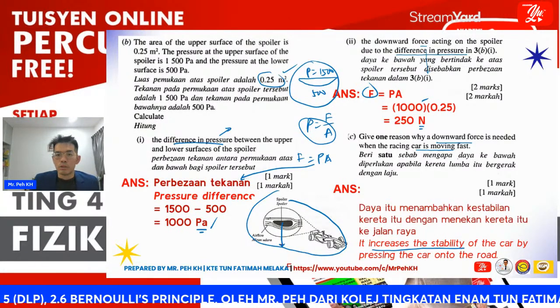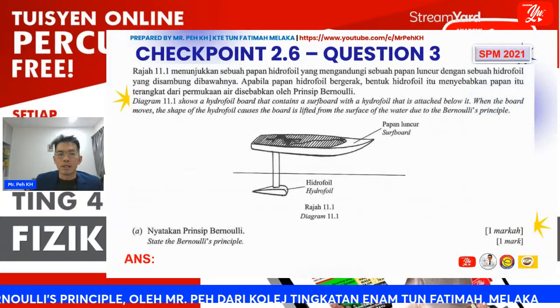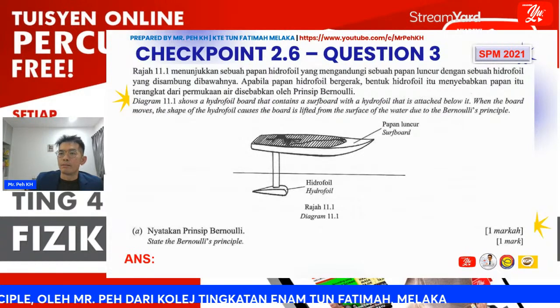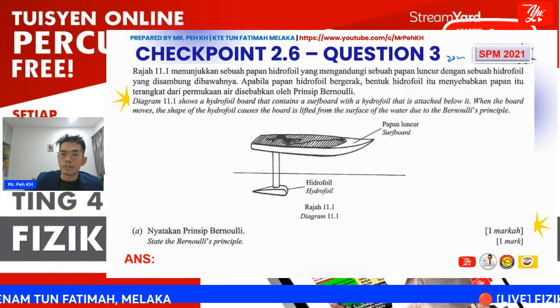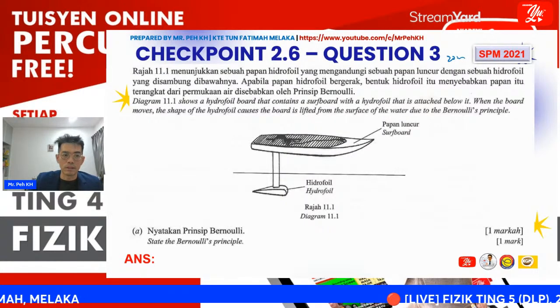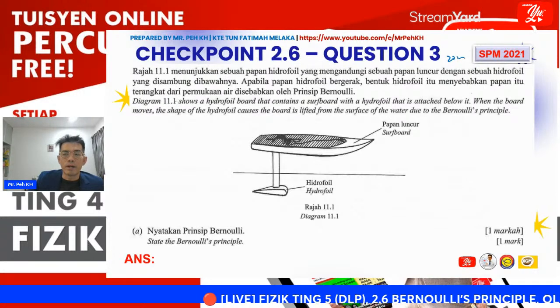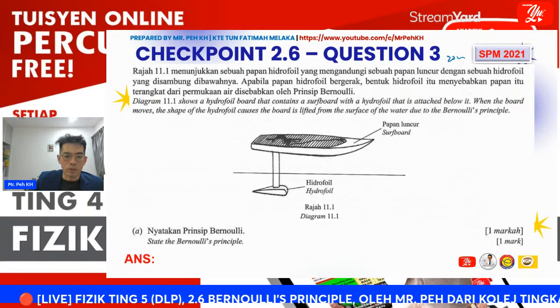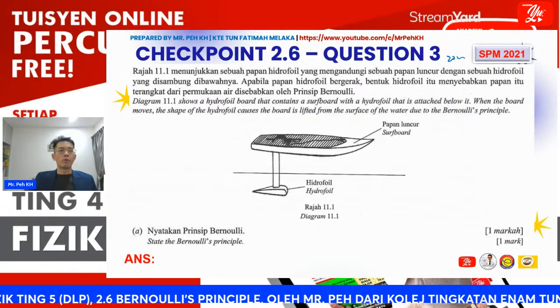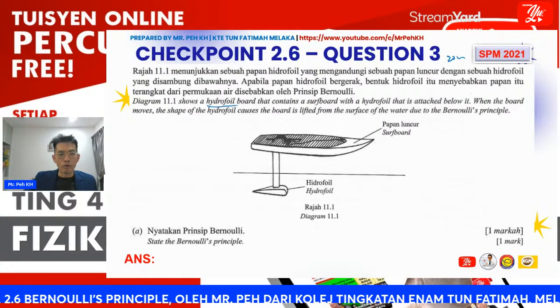Okay, so we go to our last question today. This is the past question of 2021, a 20 marks question, and this is the Section C structured question, together with a 5 marks comparison, which is a conception question. Diagram 11.1 shows the aerofoil board.